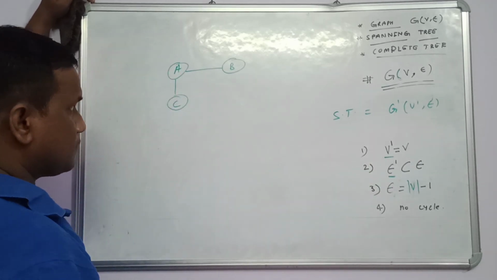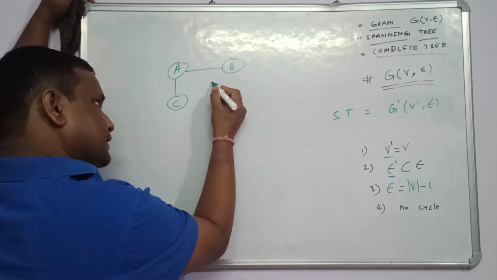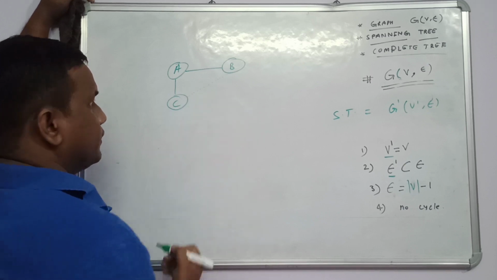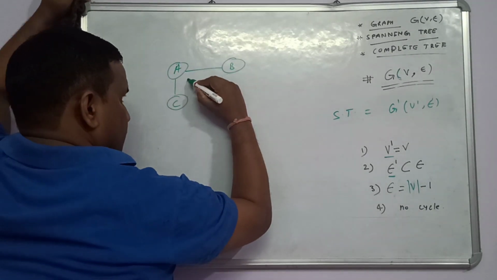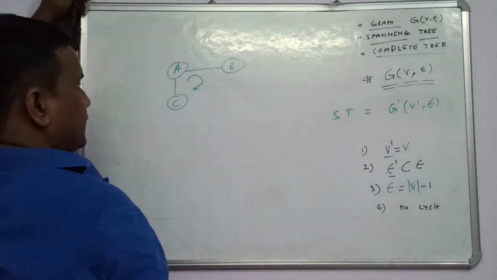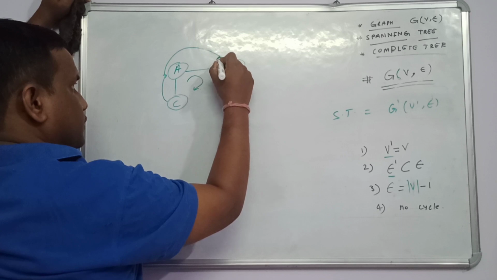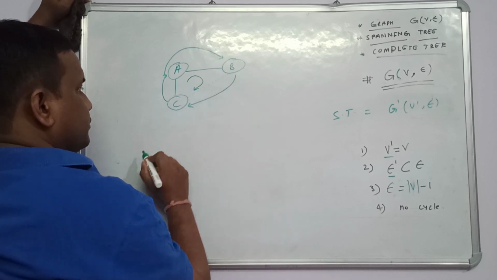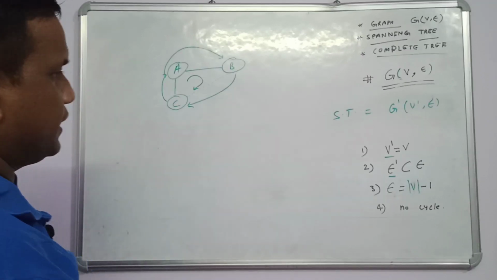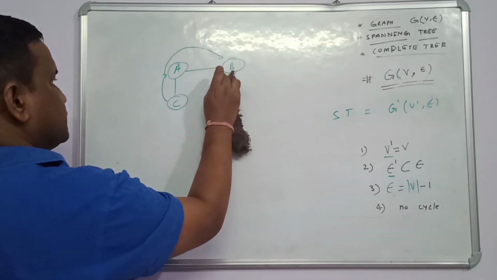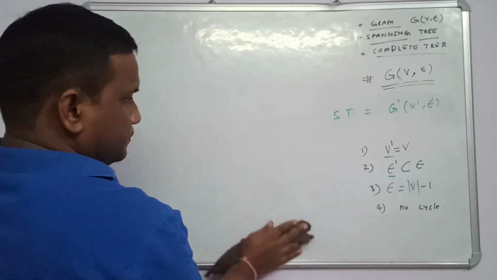Okay, as soon as we add this edge to this graph, then this will be forming a cycle. Means if you start from C, you can go to B, and you can again come to C. If such kind of cycle is being generated, this is not a spanning tree. Okay, fair enough.